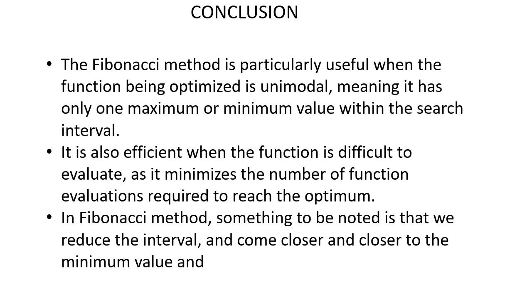In the Fibonacci method, something to be noted is that we reduce the interval and come closer and closer to the minimum value, and the other values are just deleted. And also I would like to add that the Fibonacci method can be used for n variables as well, but we are just repeating the one variable step several times, n times.